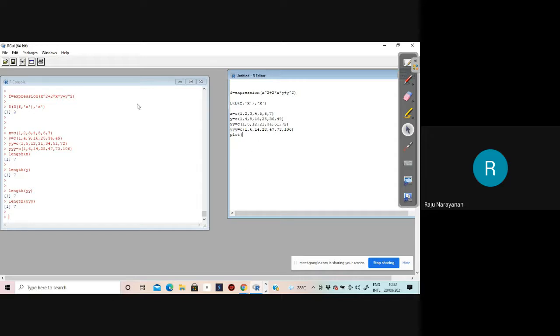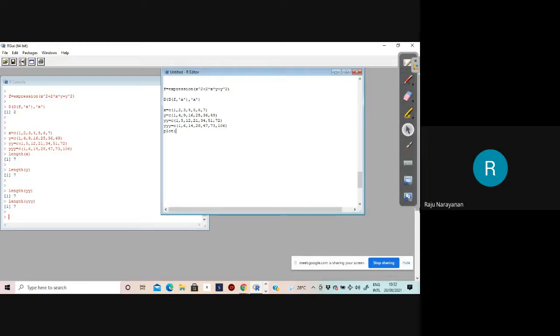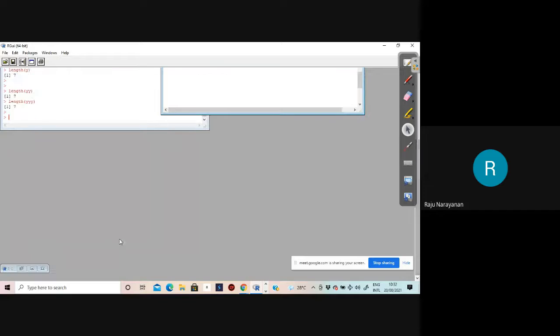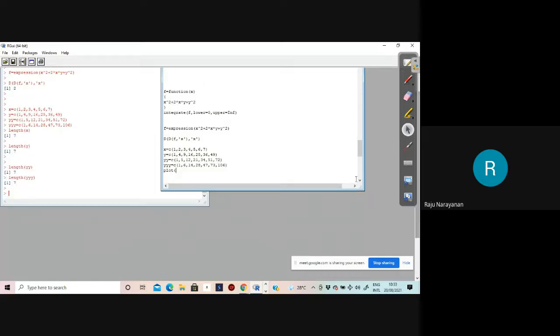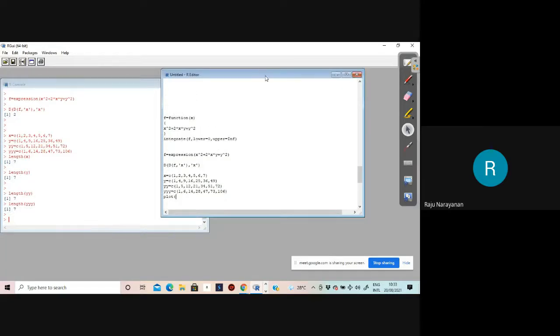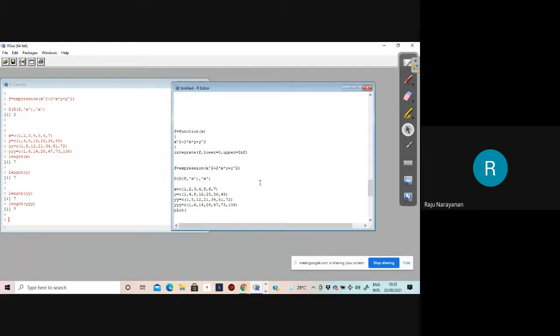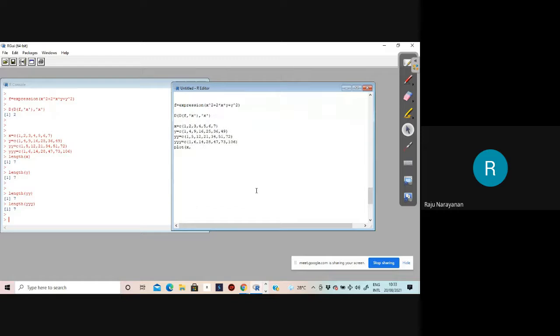Plot x comma y, plot x comma y, comma type, what type you want.